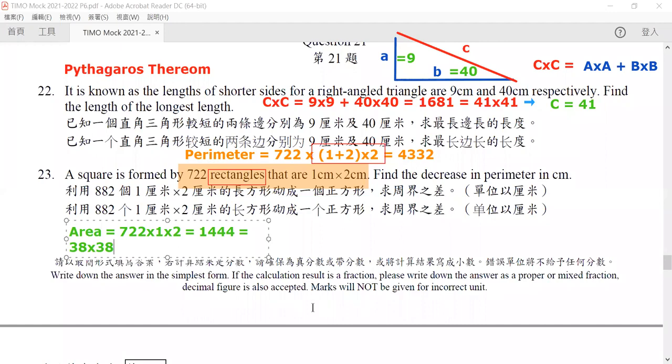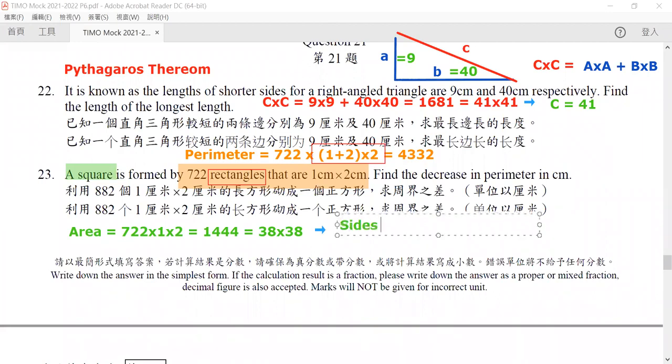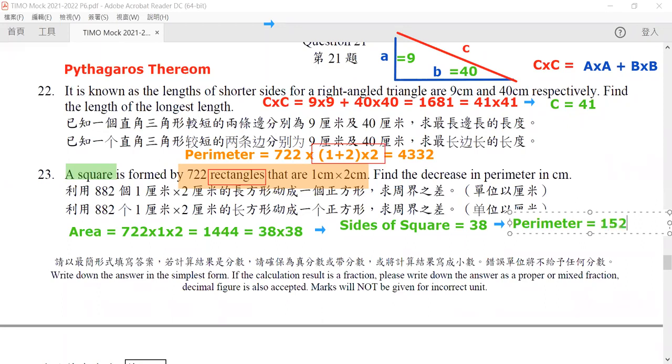So we know that the size of this square is 38, and hence its perimeter is equal to 38 times 4, which is equal to 152.